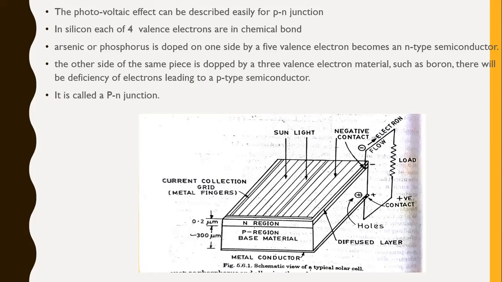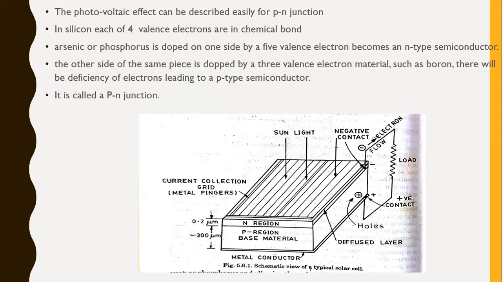In silicon, each of the four valence electrons of a material atom is tied in a chemical bond, and there are no free electrons at absolute zero.